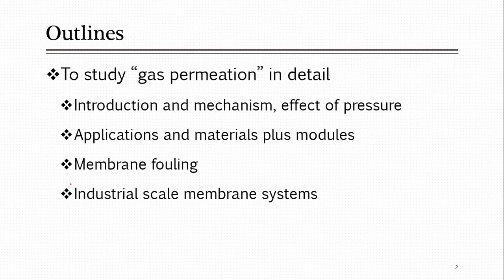And then there are applications, materials and modules which are used for gas permeation membranes on industrial scale. Most of the time, there are a few problems related to membranes and especially gas permeation membranes, so we will look at them, and one of those is membrane fouling. And at the end of the lecture we have to discuss how industrial scale membrane systems for gas separation operate.